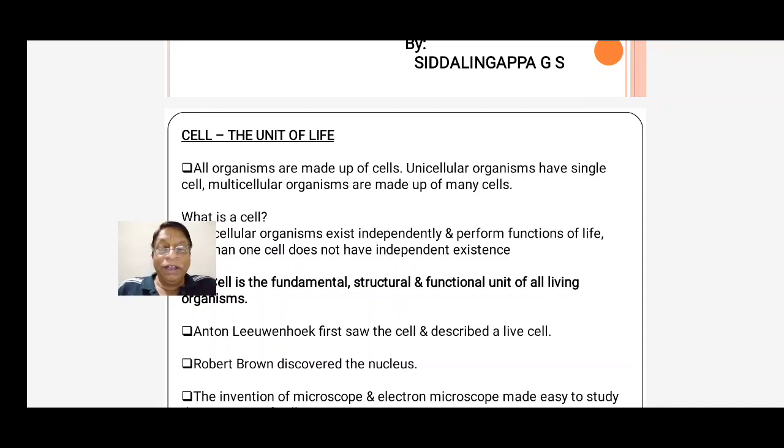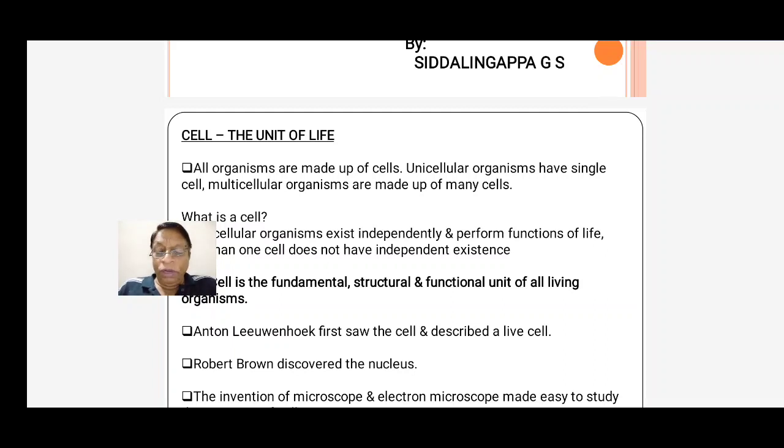That means less than the complete structure of a cell does not have independent existence. It means a cell can exist independently, but less than cell organization cannot exist. A very important fact.